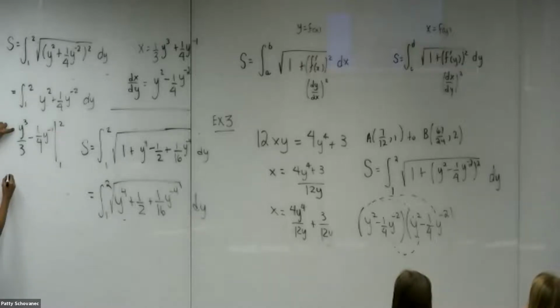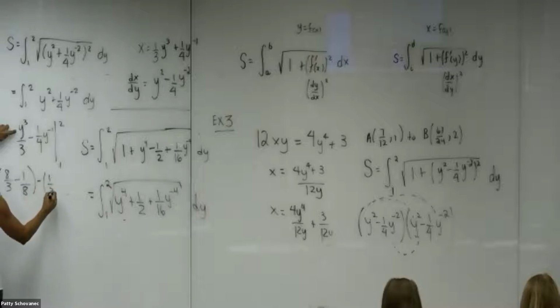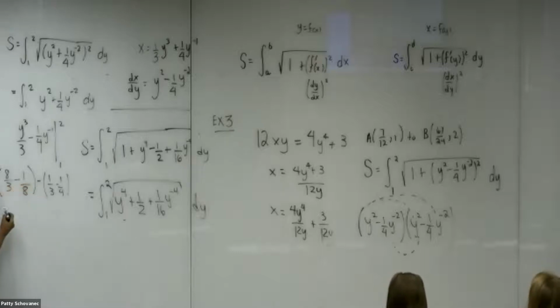And so here I'll get 8/3 minus 1 over 2 to the negative 1, which is a half, times a fourth is an eighth. 1 to any power is 1, so I get 1/3 minus 1/4. So I have 8/3 minus 1/3 is 7/3 minus 1/8 plus 1/4. Where I come from, that's good enough.